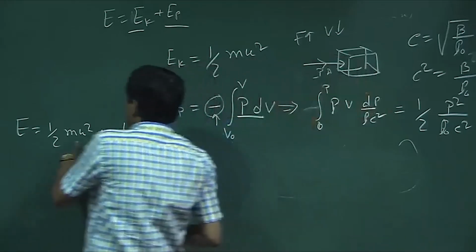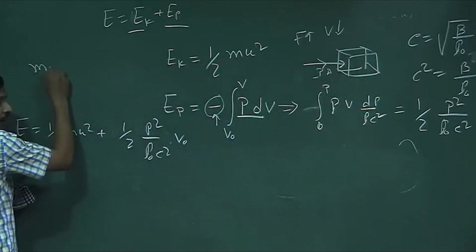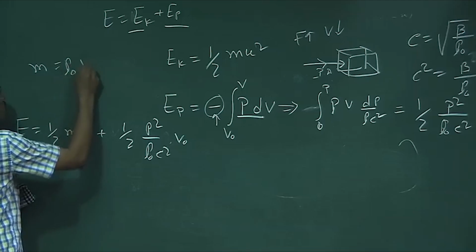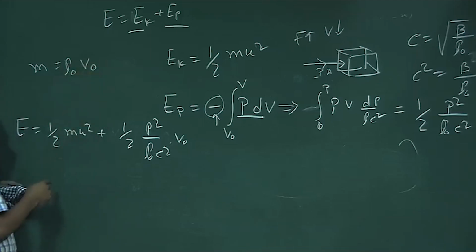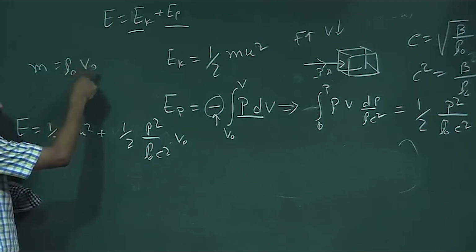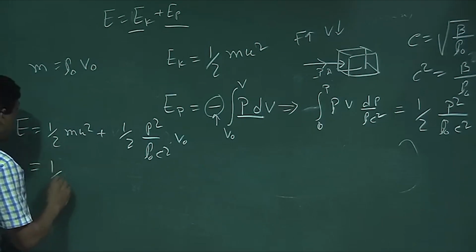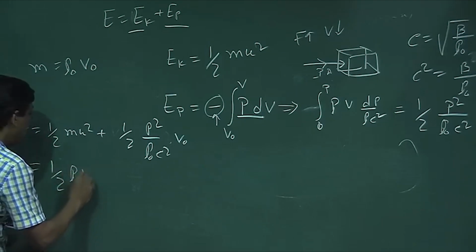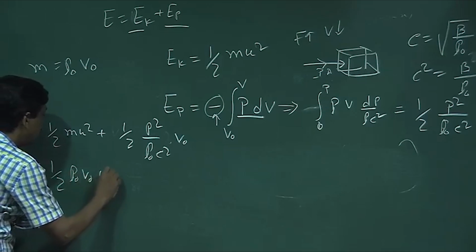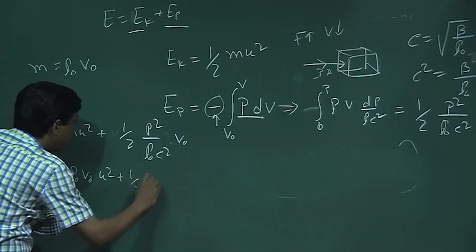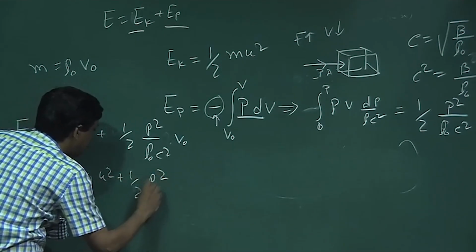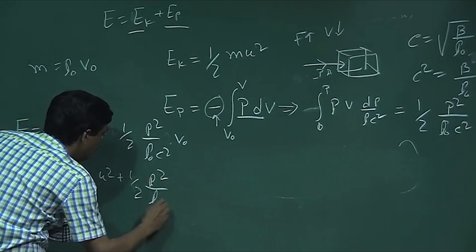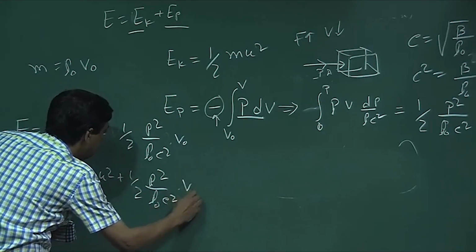Now, what is m? M is nothing but rho 0 into V 0, the mass of that small volume. So, it is half rho 0 into V 0 into u square plus half P square by rho 0 C square into V 0.